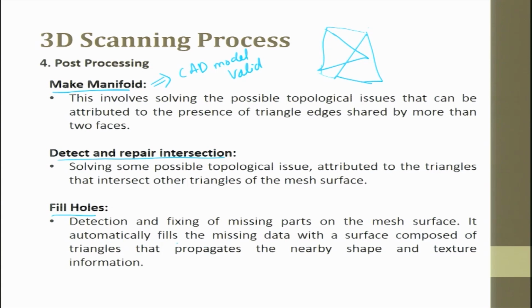It automatically fills the missing part with a surface composed of triangles that propagates the nearby shape and texture information. So, that is what I said, a radius there, a radius here, it tries to approximate and draw a line with this radius and this radius. So, it tries to draw an average and tries to connect these two, filling holes.